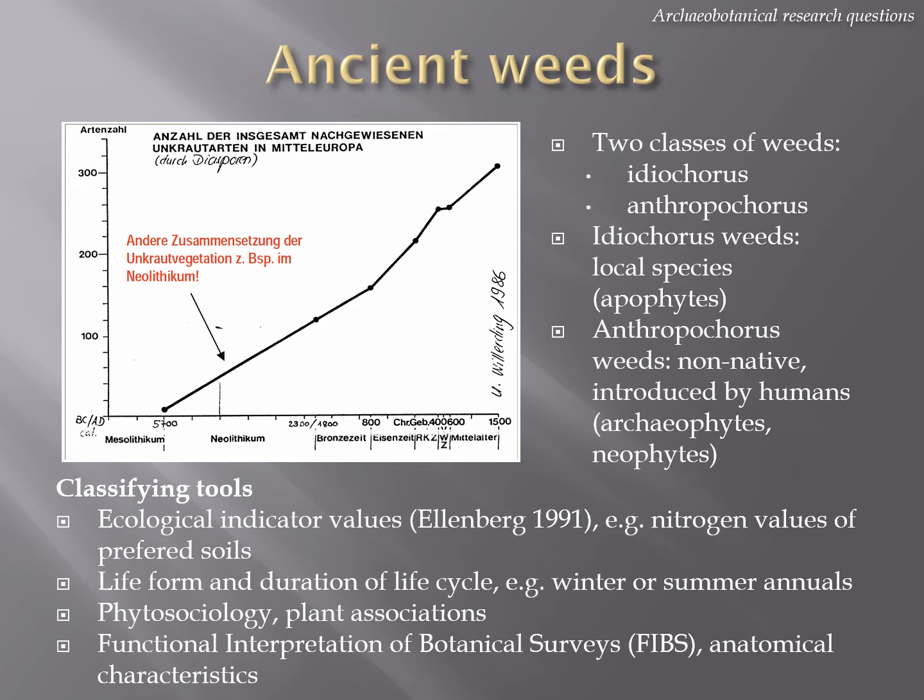Anthropochorous weeds are non-native taxa that have been introduced by humans. Depending on the time of introduction, we differentiate between archaeophytes, which have been brought by prehistoric people, mostly from the area of emerging agriculture in the Near East and the Mediterranean, and the neophytes that have been introduced from overseas areas after 1500 AD.